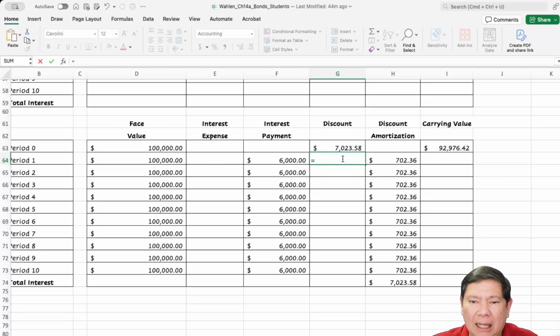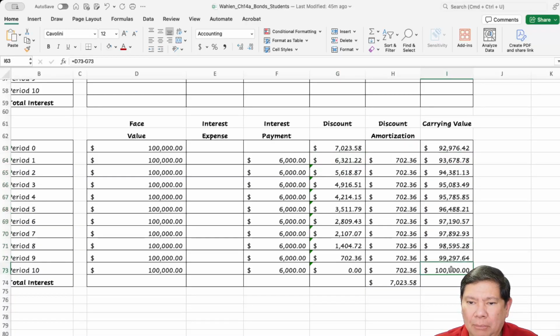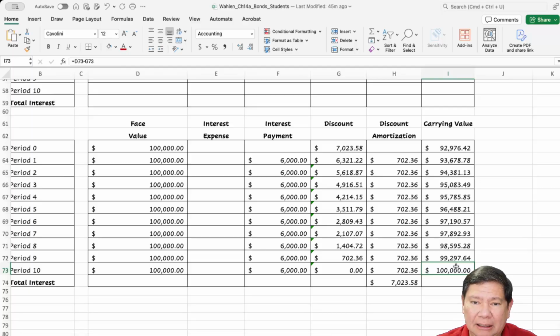Now, every 6 months, the discount will go down until it gets fully amortized, or 0. Now, the carrying value will change depending on the unamortized discount. But it will bring the bonds back to their face value of $100,000.